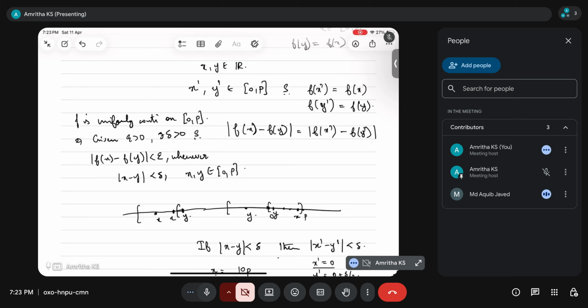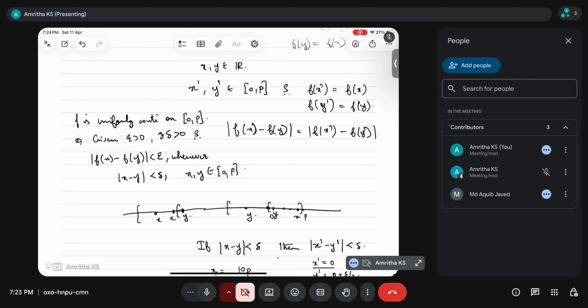So now you say that this may not be true. No, you need to see how these things need to be taken care of.